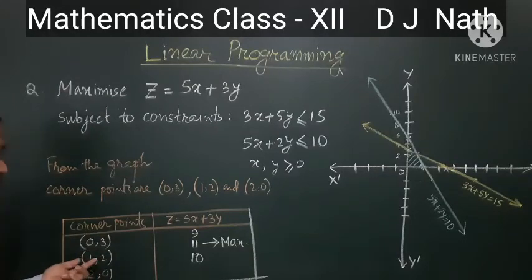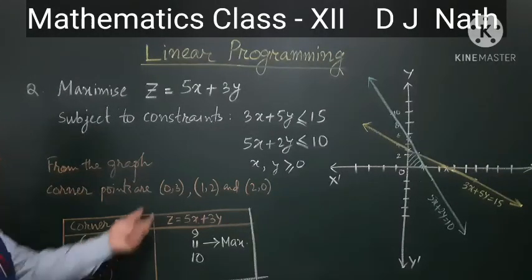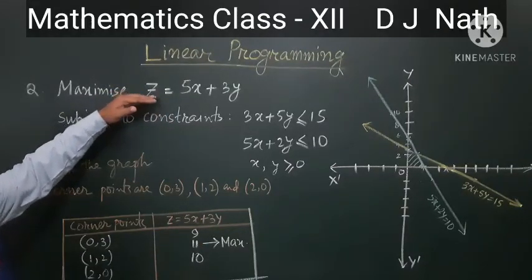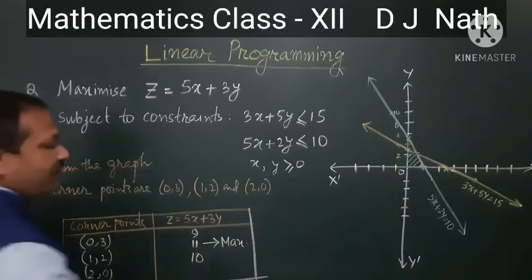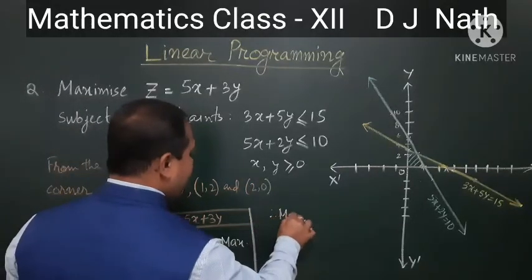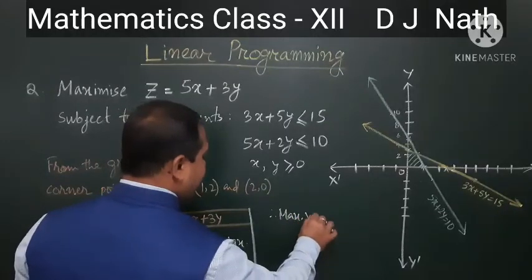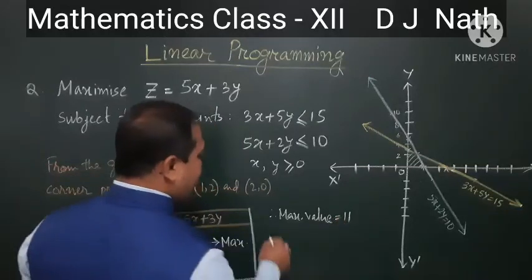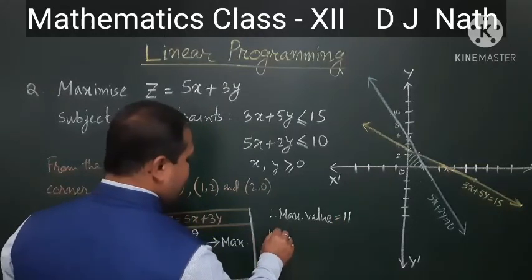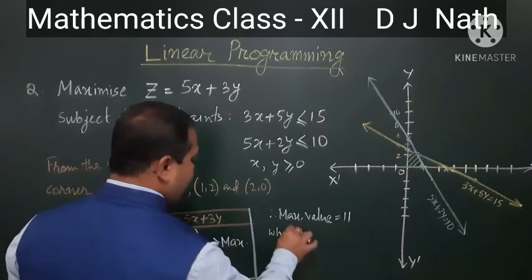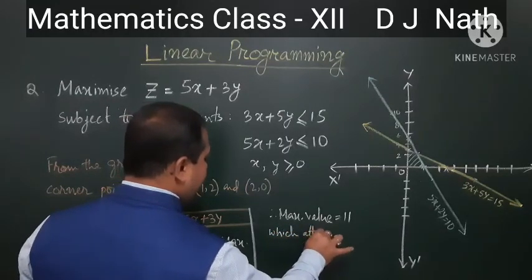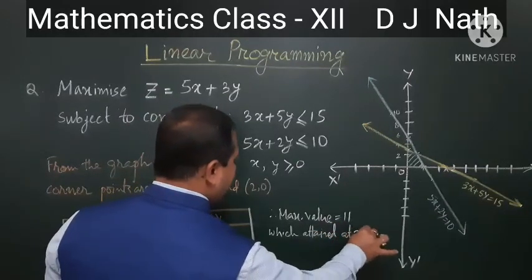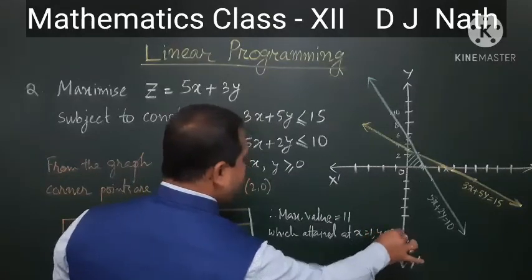Therefore, for x is equal to 1 and y is equal to 2, the objective function is maximum, and the maximum value is 11, which is attained at x is equal to 1, y is equal to 2.